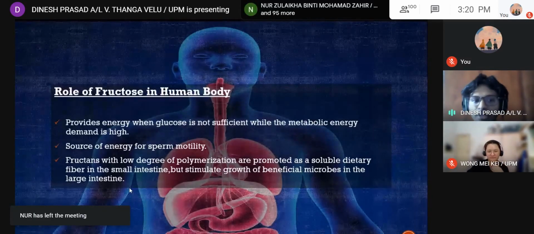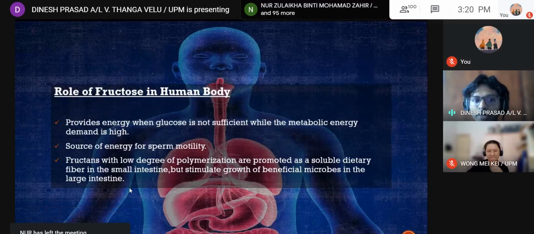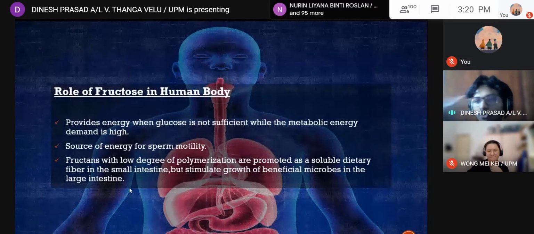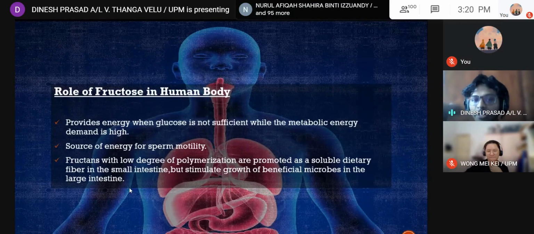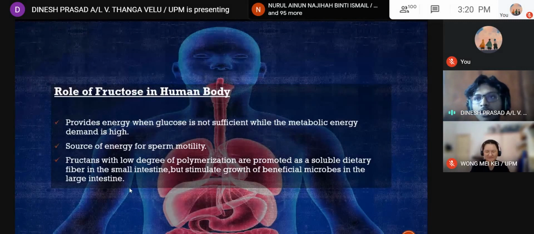Okay, first of all, what is fructans? Fructans is a polymer, meaning its monomer is fructose. Each fructose is connected with a glycosidic bond and forms these low degree polymers. These polymers, we call them fibers. As previously mentioned, we get fructose from fruits, right?